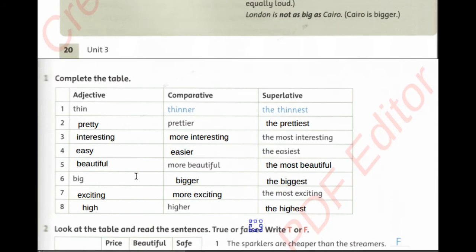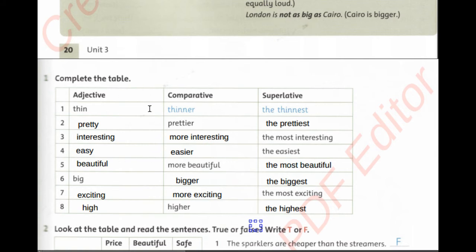Here is your exercise, what you made at home. The adjective, the comparative, and the superlative. So here is your homework: complete the table. Adjective, comparative, and superlative. The adjectives here are thin, pretty, interesting, easy, beautiful, big, exciting, and high.